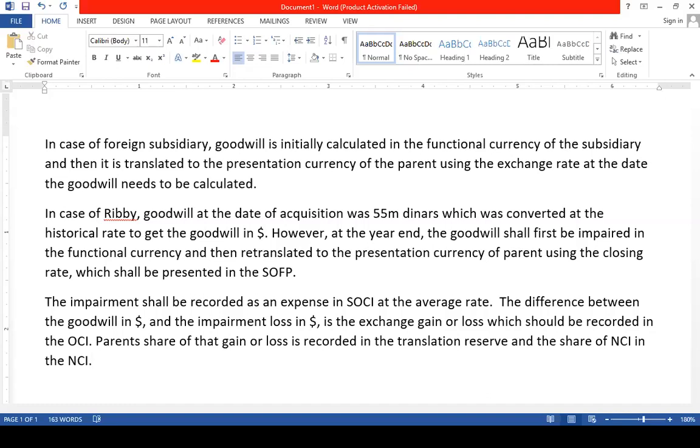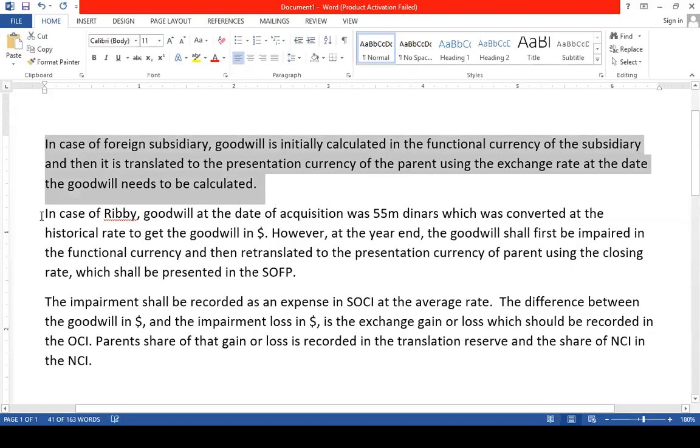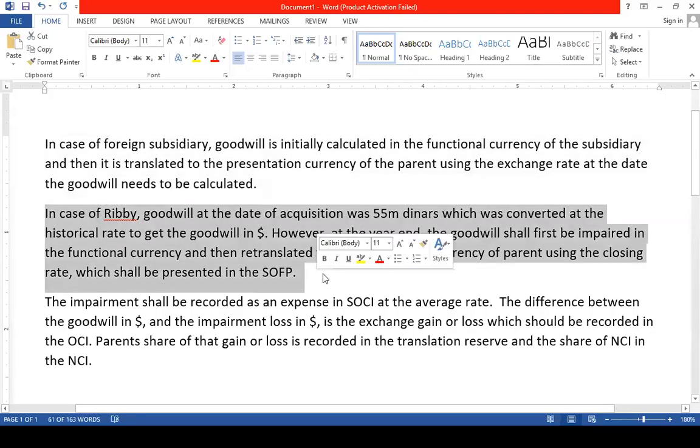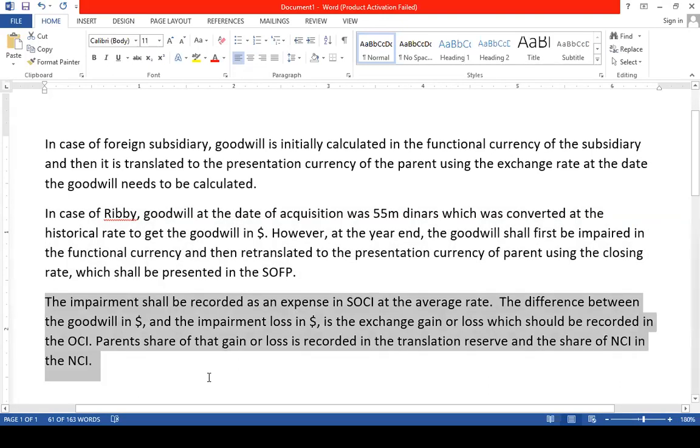So this is the complete explanation of what we just did in the question. We mentioned a general rule first, and then we define how we calculate it in terms of the balance sheet. And then we discussed the SOCI and how that should be taken to the balance sheet at the end. Is it clear to everyone?